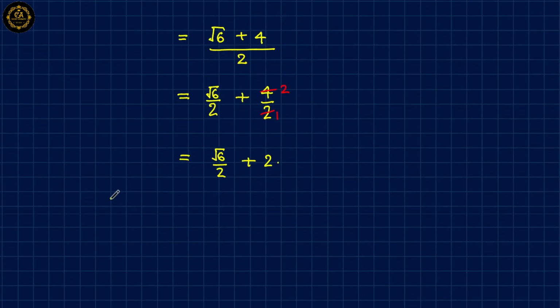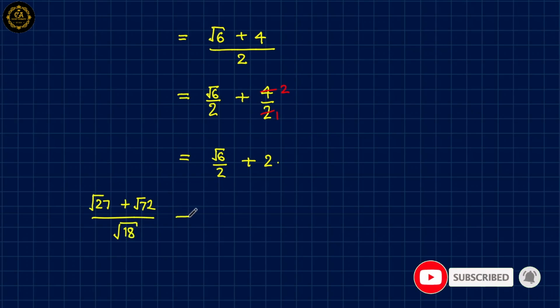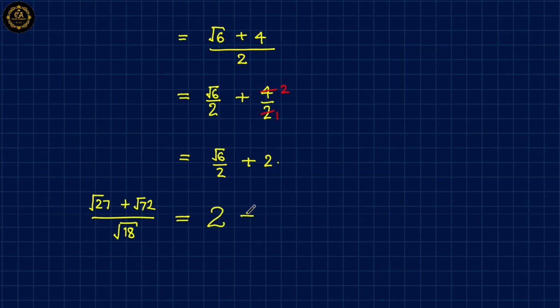So therefore, if you have a square root of 27 and you add it to square root of 72, you divide it by a square root of 18, it will simplify down to 2 plus, let me write this in terms of a fraction, 1/2 times the radical 6.